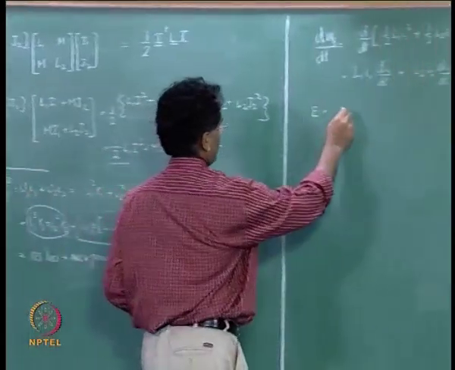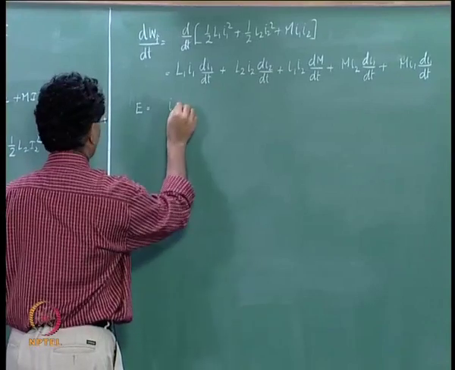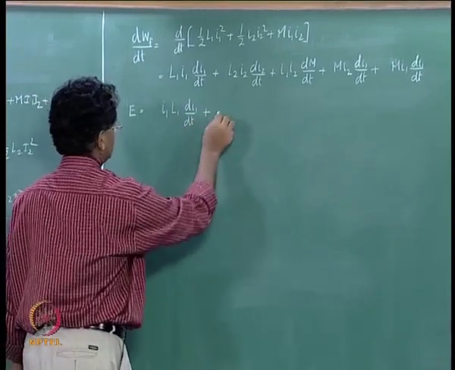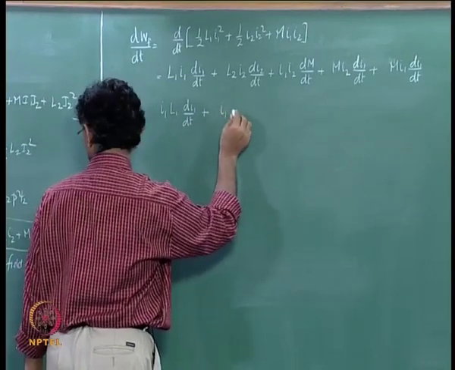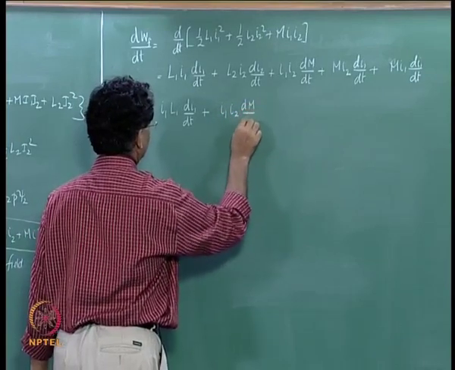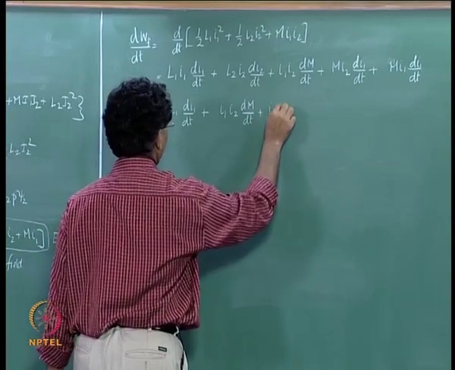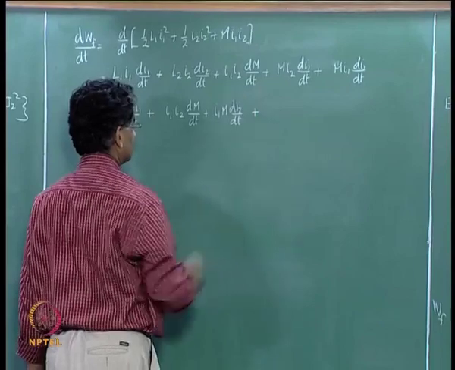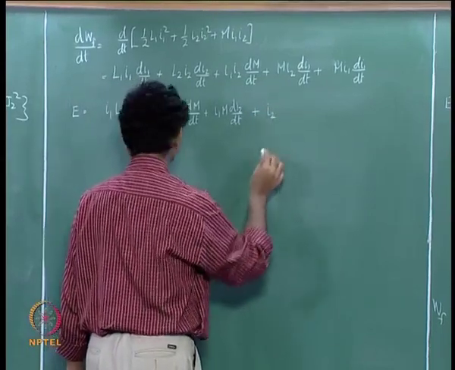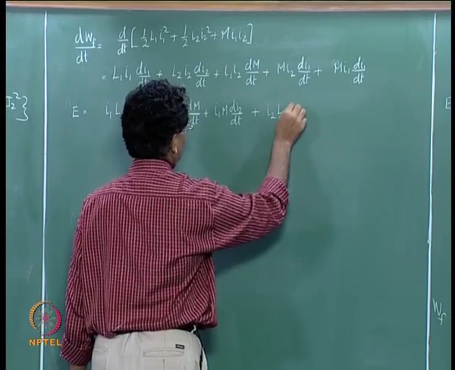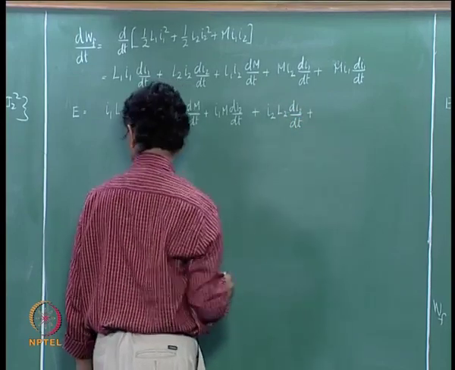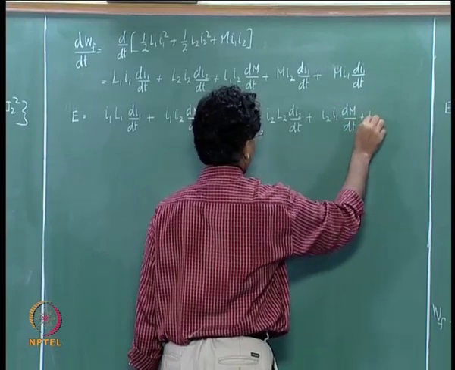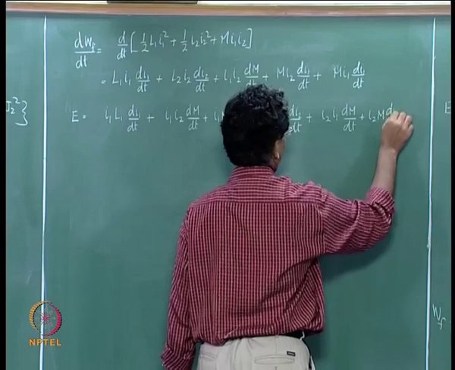I1 into L1 dI1 by dt from the first term, plus I1 into I2 into dm by dt plus I1 into m into di2 by dt, plus I2 into L2 di2 by dt, plus I2 into I1 into dm by dt plus I2 into m into di1 by dt.